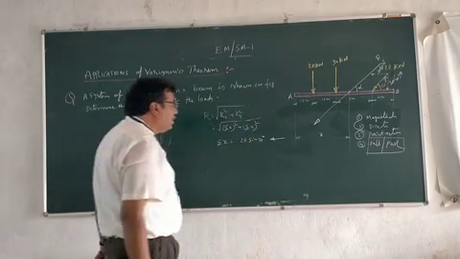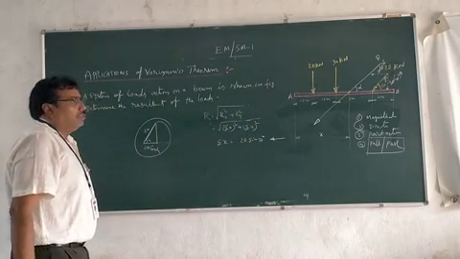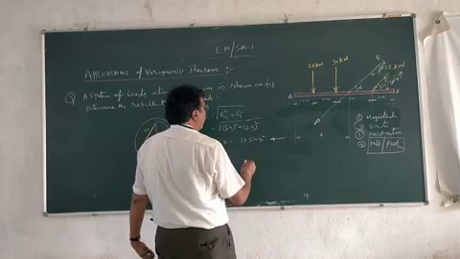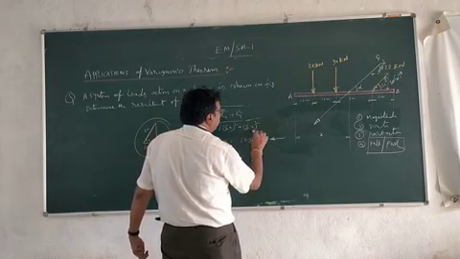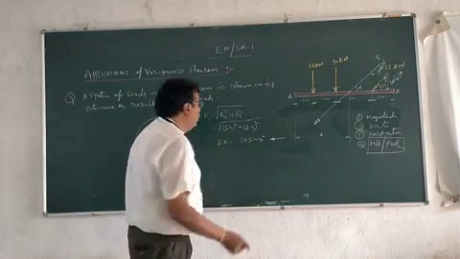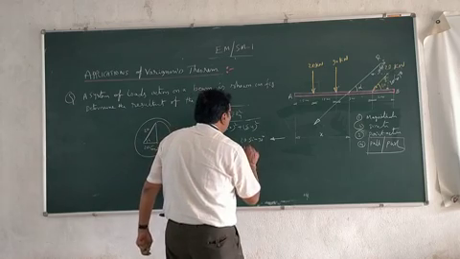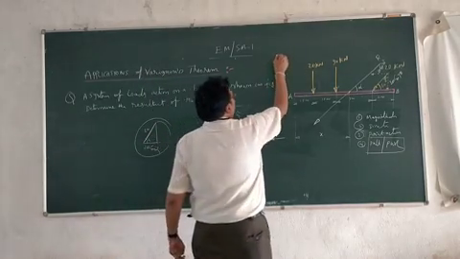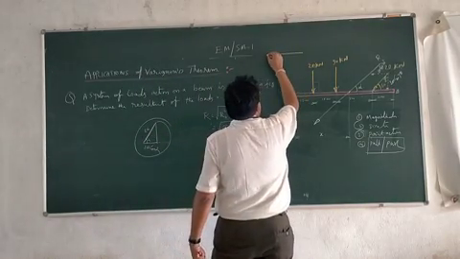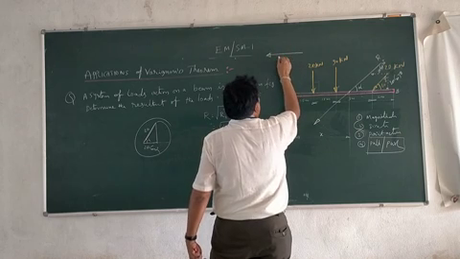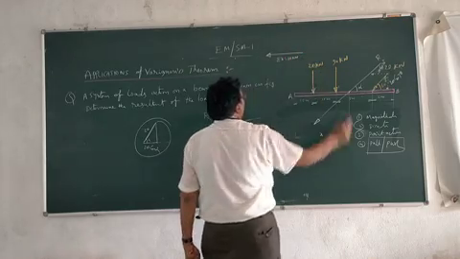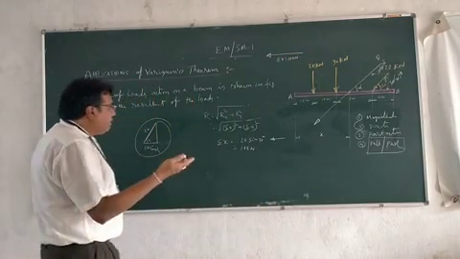We should mention the direction also. Sin 30 is nothing but half, so it is 10 kilonewton. Sigma x is 10 kilonewton, acting right to left.